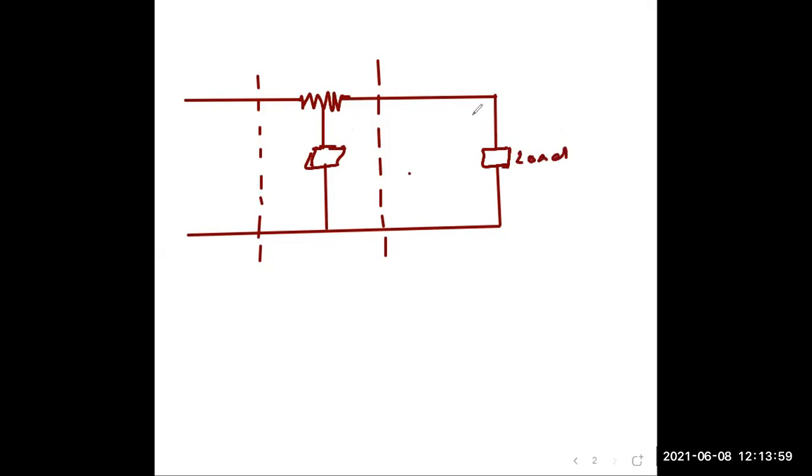So this is your load. This side is your VR. Here the voltage available is V, and here it is V plus dV.